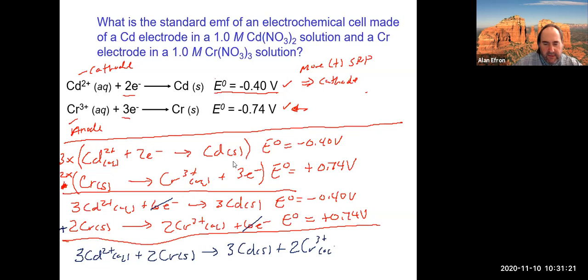So this would be our balanced equation that I asked you to write. We also have identified our cathode and our anode.